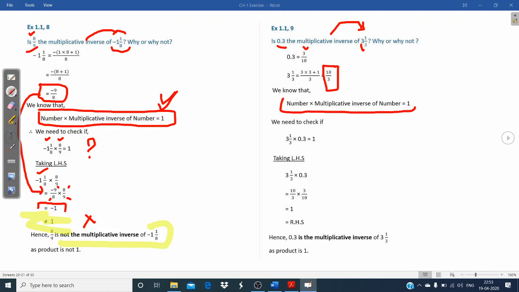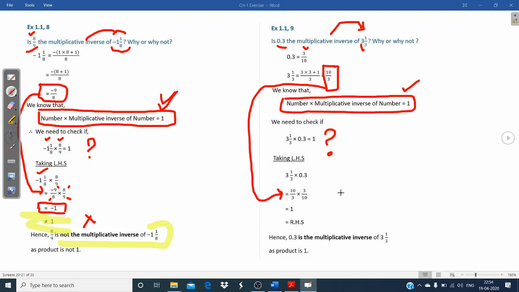Now you have to check this. If a number is multiplied by its multiplicative inverse, what should you get? Always 1. But in the previous question, we were not getting 1; we were getting minus 1. That's why it was not a multiplicative inverse. Now let's see in this part. We have to verify whether this number multiplied by 0.3 gives 1 or not. The number 3 1 by 3, we have already resolved, so its value, 10 by 3, we substitute here, multiplied by its multiplicative inverse.